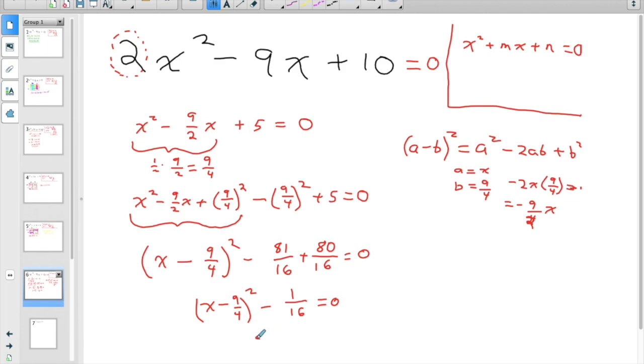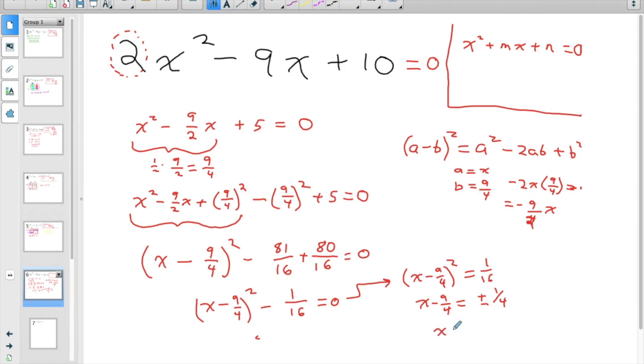To finish solving for x, we add 1/16 to both sides. We have x minus 9/4 squared equals 1/16, which then gives us x minus 9/4 is equal to plus or minus 1/4 because we took the square root of both sides.